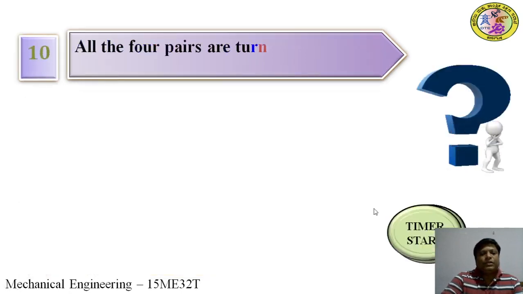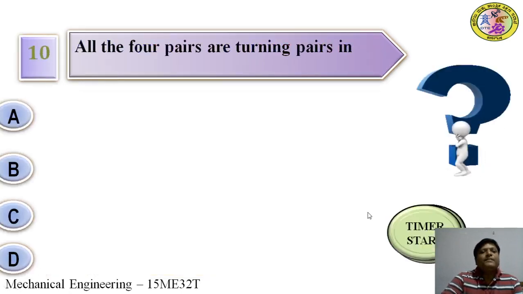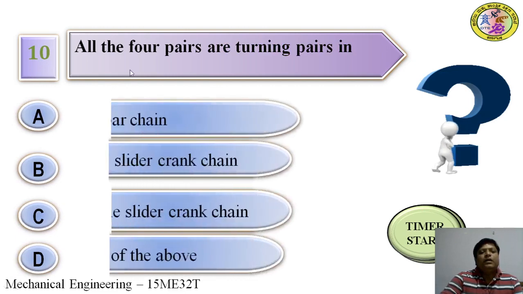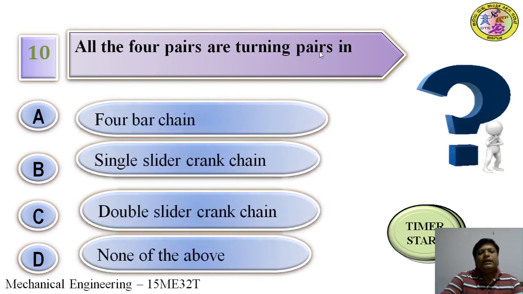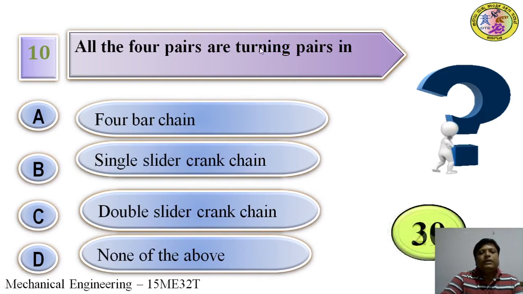The last question of this session. All the 4 pairs are turning pairs in: option A, 4-bar chain; option B, single slider crank chain; option C, double slider crank chain; option D, none of the above.